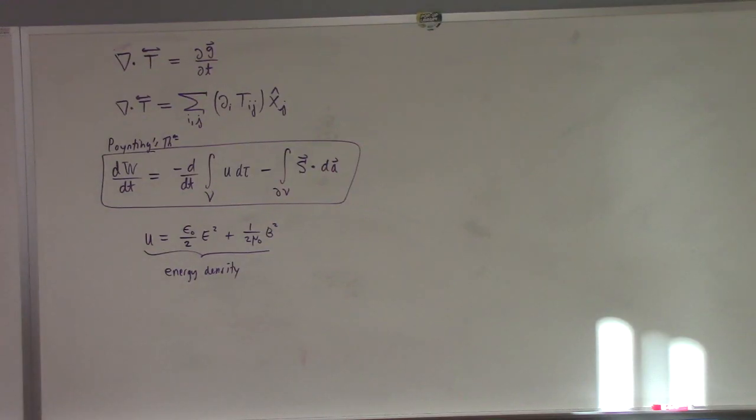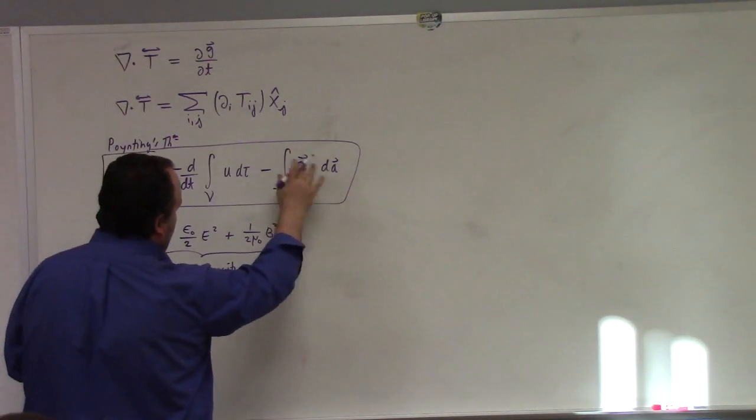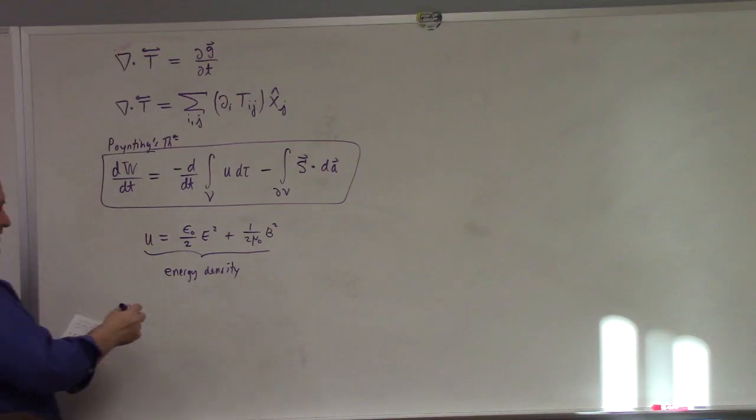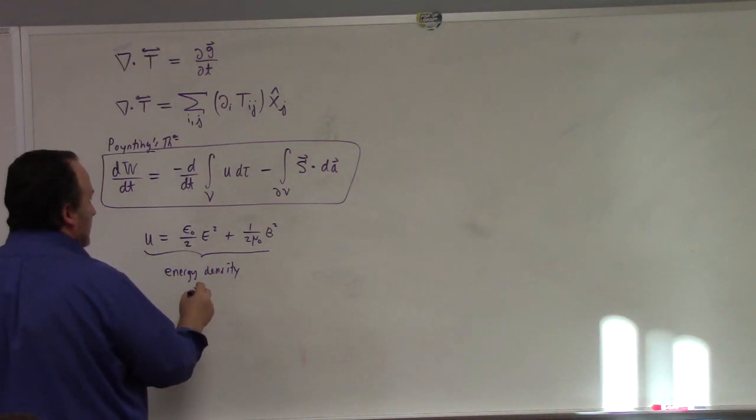So if there's no work being done on the charges within the volume, then whatever change in the net energy of the electromagnetic fields in the volume has to be balanced by the flow of energy through the boundary of that volume. We had an expression for this, the local conservation. What was it? Oh goodness gracious!